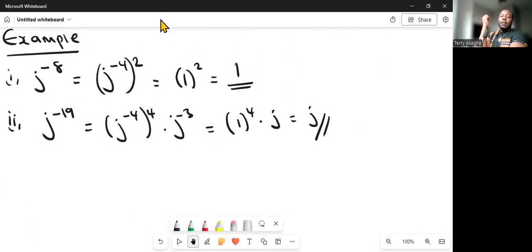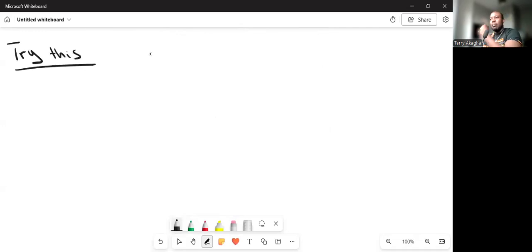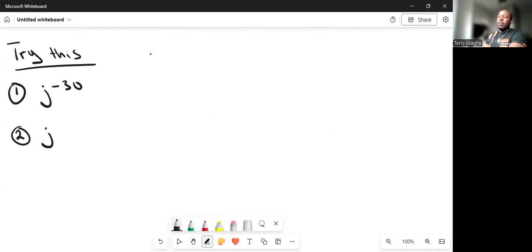Now, let me give you some exercises to try. You can try this once and maybe discuss with a friend or put it in the comment section, or you can send me an email if you can't solve it and I will help you out. So the first one is, for instance, finding j to the minus 30. Number 2 should be j to the minus 15.